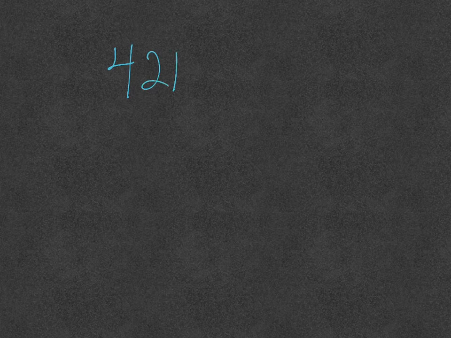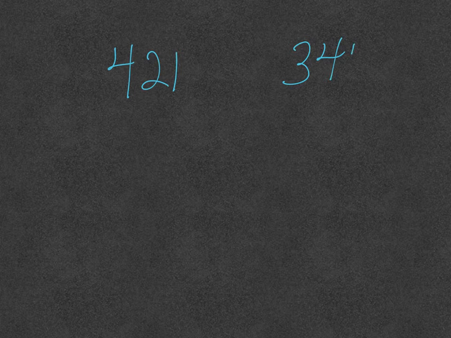So I am going to put two numbers up. I'm going to put 421 and I'm going to put 347. Okay? Now we're going to compare these two numbers. Well, the first thing that we could do is look at the values of the two numbers.